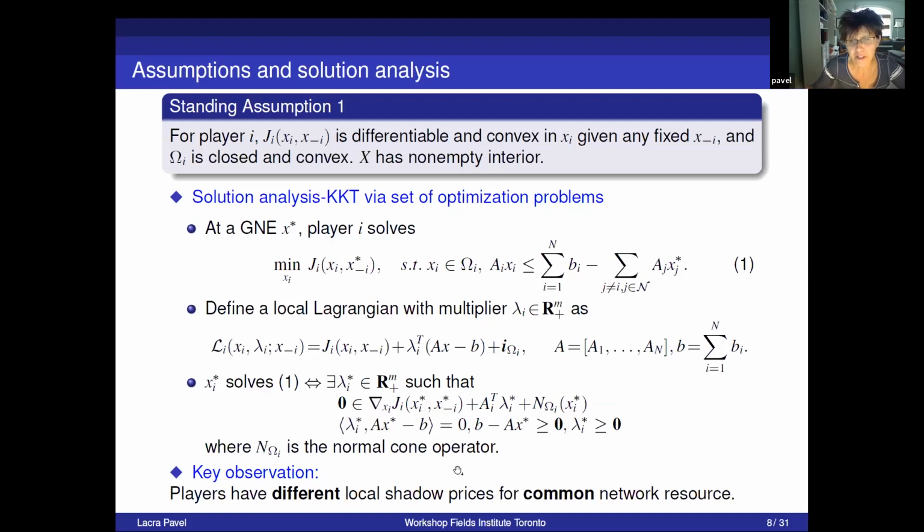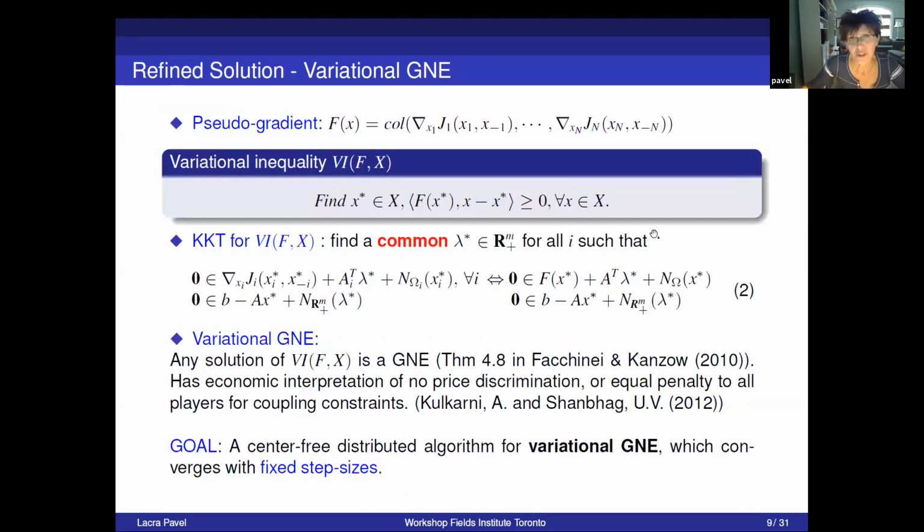The key observation here is that each has a different local shadow price or a different multiplier lambda i here, yeah? And this is different for the common network resource because the constraints here are actually common. Now, a refined solution is what's called the variational GNE, where the KKT is in terms of a common multiplier, lambda star.